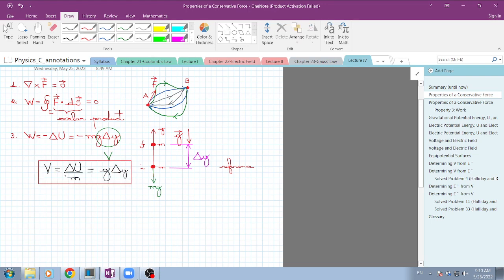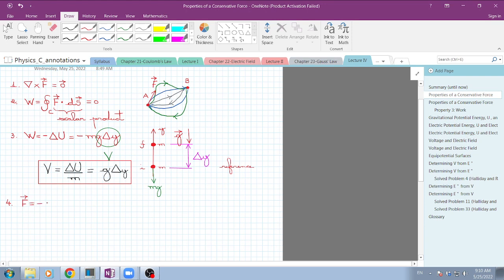Let's keep this in our minds for the time being, but let's go a little bit further. Let's put here the last property of conservative forces. If the force is conservative, that means we can write this force as the gradient. This is a very interesting property.